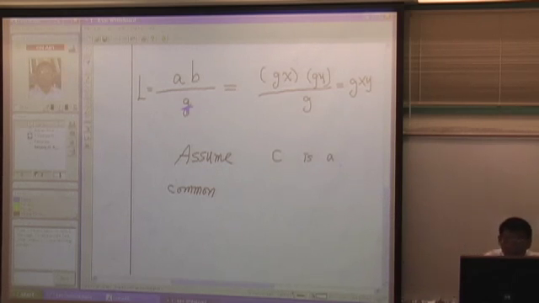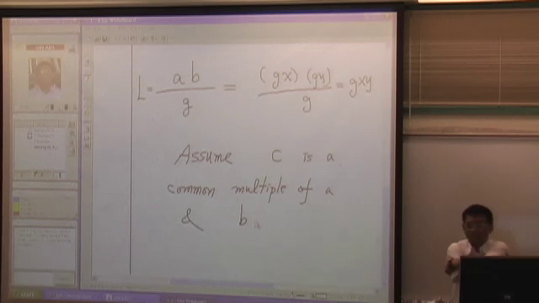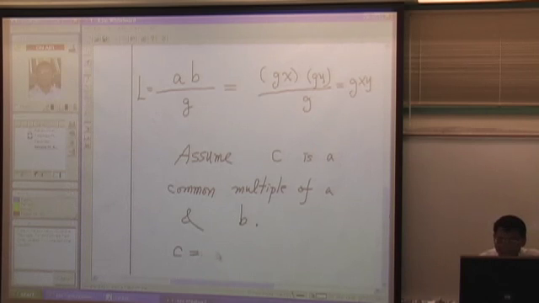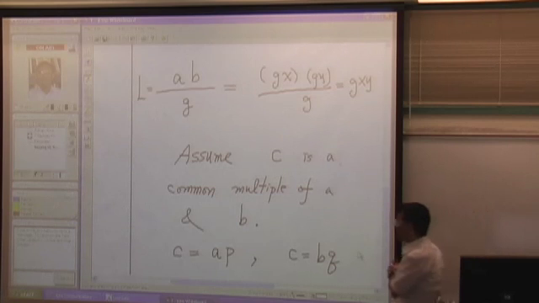So assume that C is a common multiple of A and B. Then C is equal to A times some number, because we use the capital X, I will use P, and then C is B times Q. Because I already used XY, we will use P and Q. So it's a little bit long, but now we're using this idea.